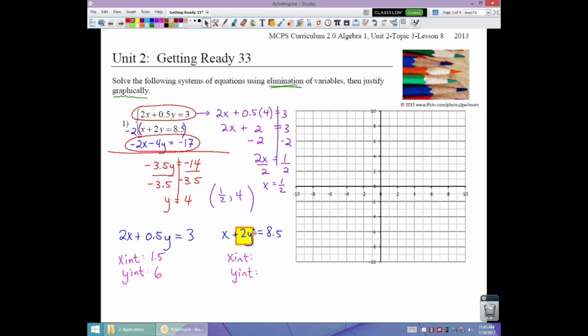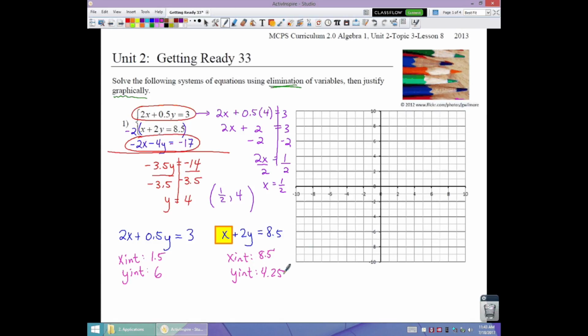For the x-intercept, I cancel the y's. X is equal to 8.5. And for the y-intercept, ignore the x's. 2y equals 8.5. So 8.5 divided by 2 is 4 1/4, 4.25.